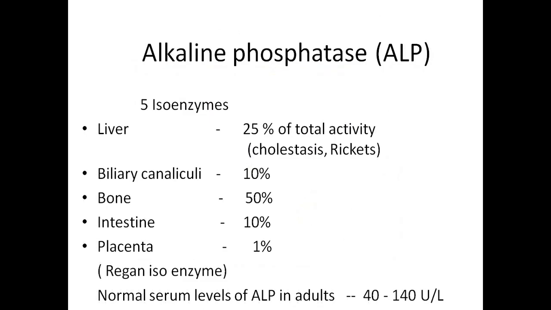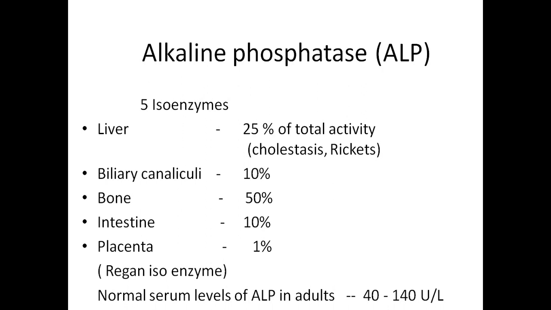Another enzyme is alkaline phosphatase, which has 5 isoenzymes. About 25% of total activity is in liver, 10% in biliary canaliculi, 50% in bone, 10% in intestine, and 1% in placenta.